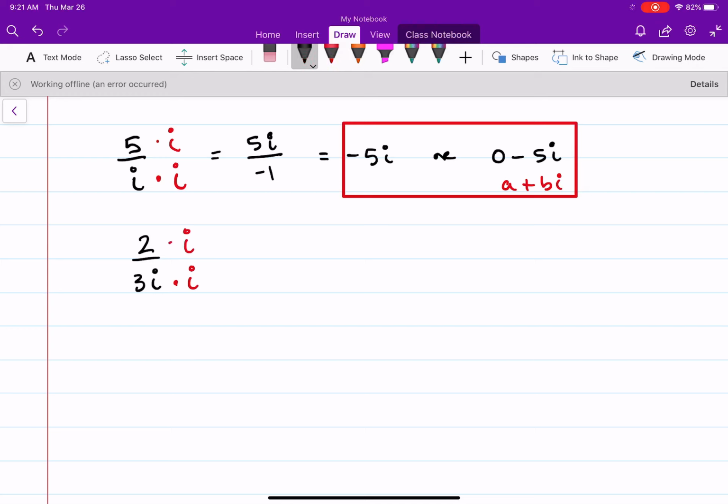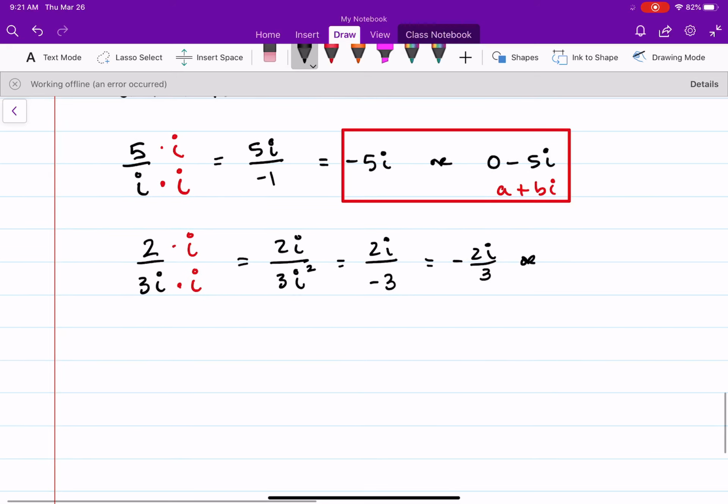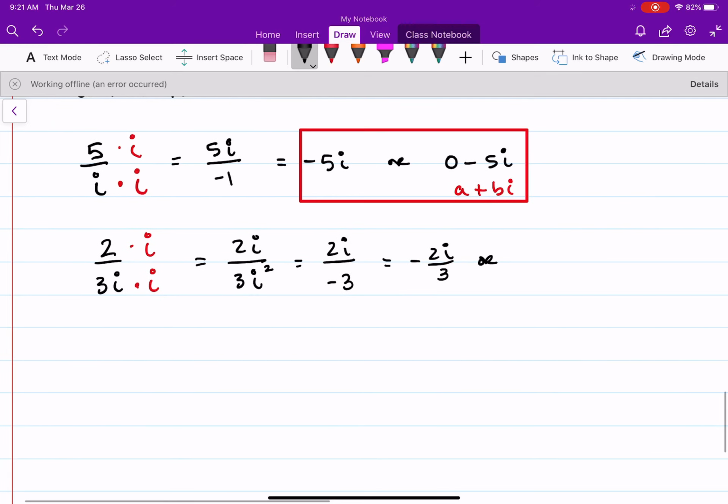Okay, so we're going to get 2i over 3i squared, which is 2i over 3 times negative 1, which is negative 3. So we have a negative 2i over 3. Or in a plus bi form, again, no real part, minus 2/3 i.